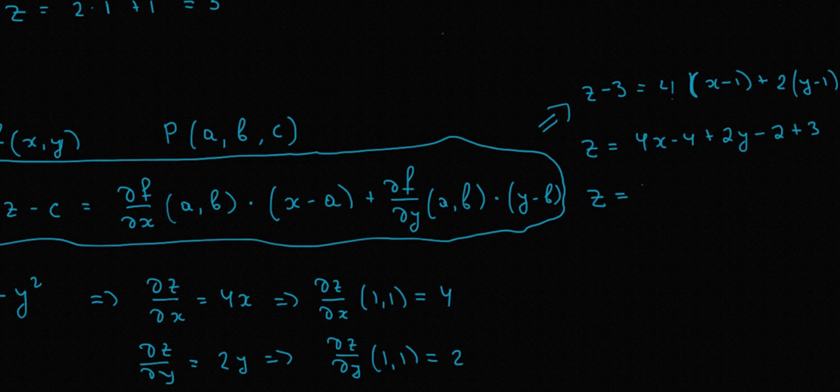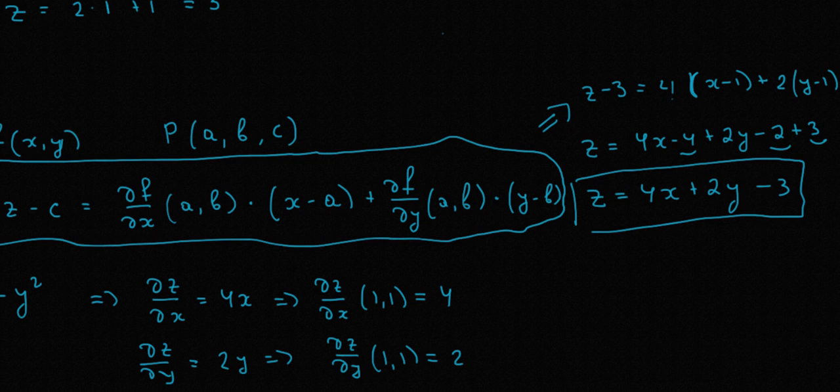So z equals 4x plus 2y, and then for the constant terms, negative 4, negative 2, negative 6, plus 3, negative 3. Okay, so this is the equation of the tangent plane.